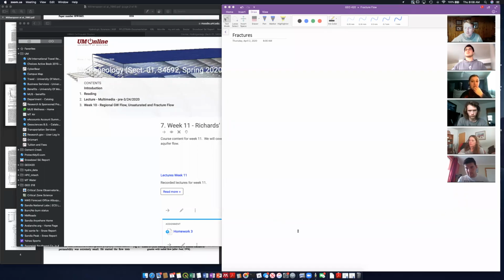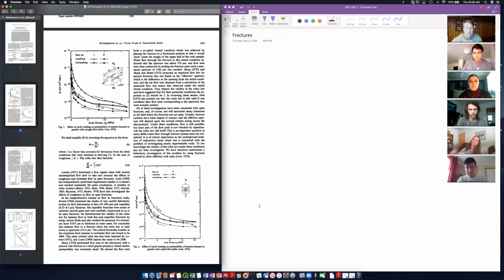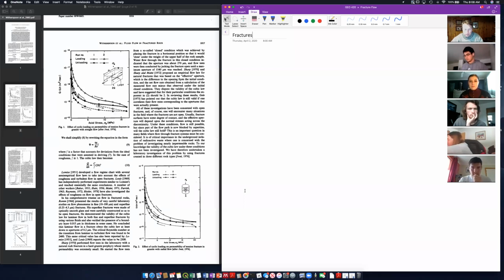So I'm going to share my screen here. And we're going to start talking about fractures and fracture flow. All right, so let's start off by saying that fracture flow is one of the most complicated and hardest problems facing hydrogeologists.